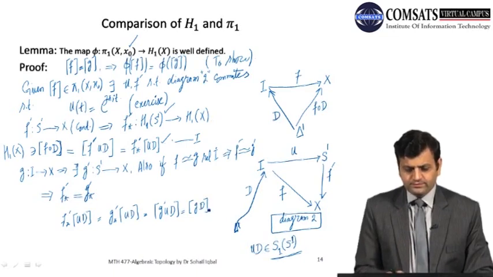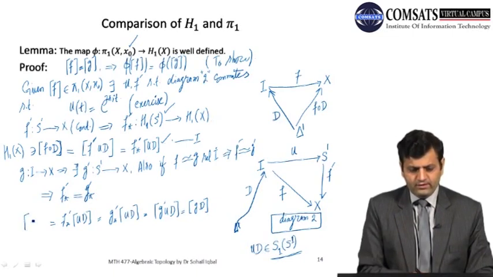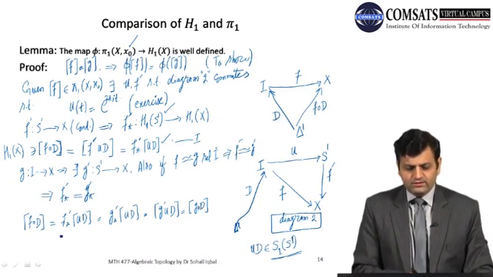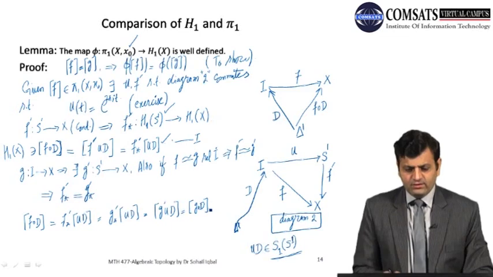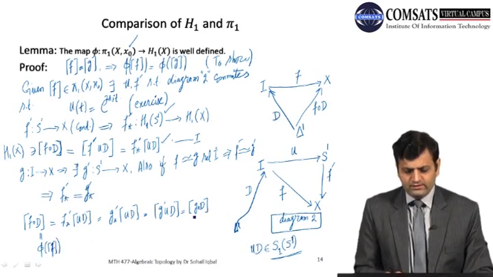From equation 1 we started from f composition d, or fd. So it is the same. This expression says that the homology class of f and g are the same, because this is phi of the homotopy class of f, and this is phi of the homotopy class of g, and they are equal.